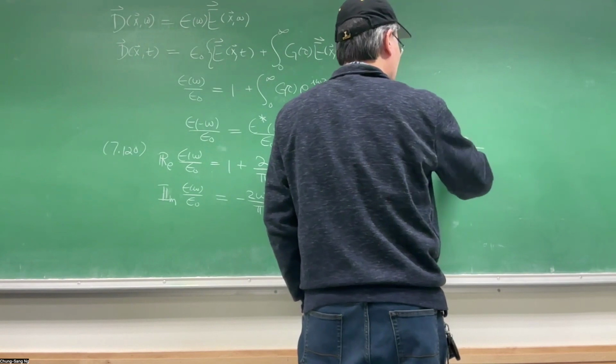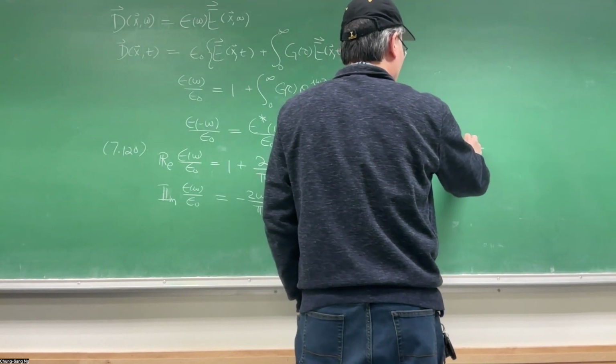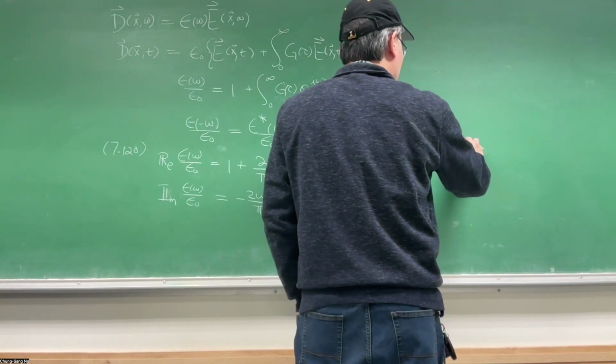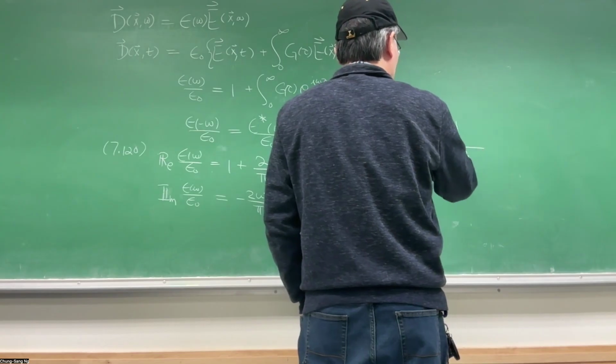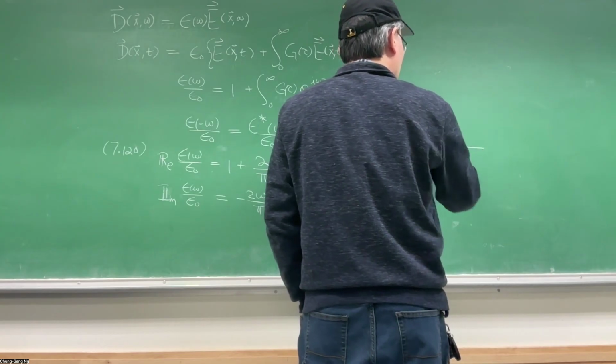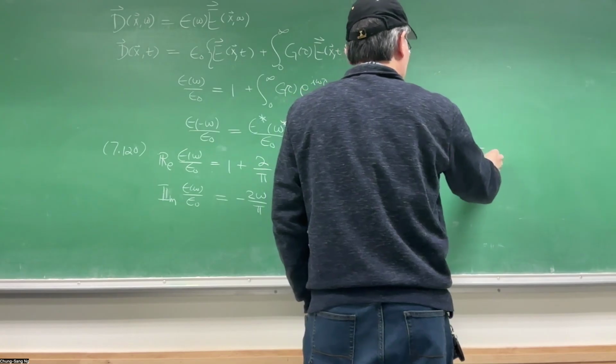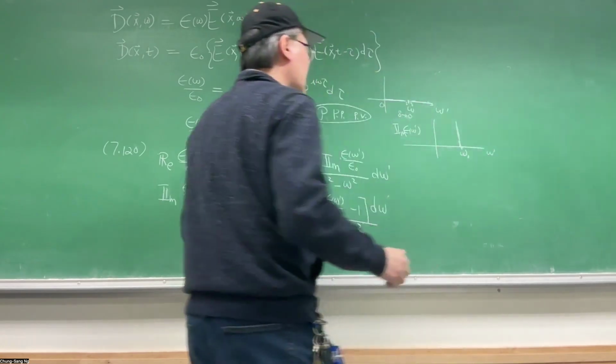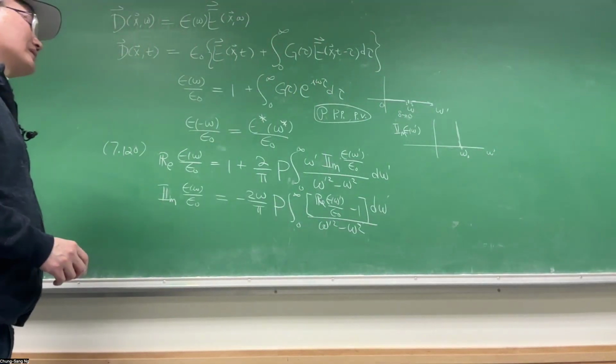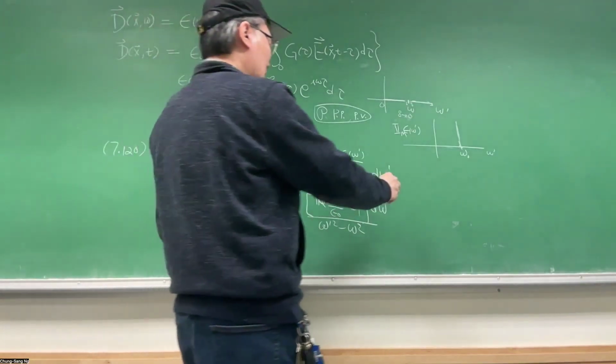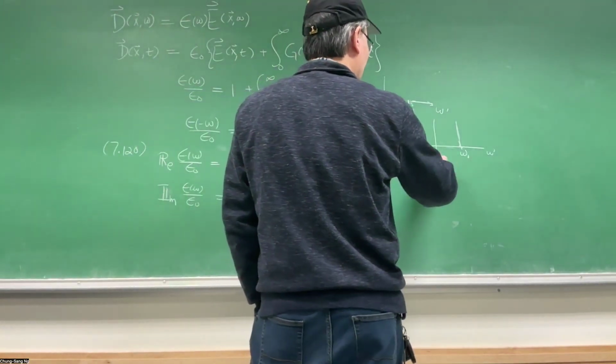It means you have a very sharp peak, like a pulse value. So mathematically you can write that as a delta function.